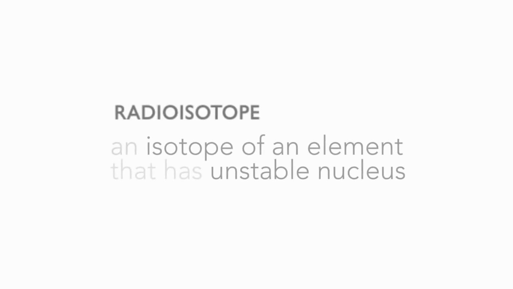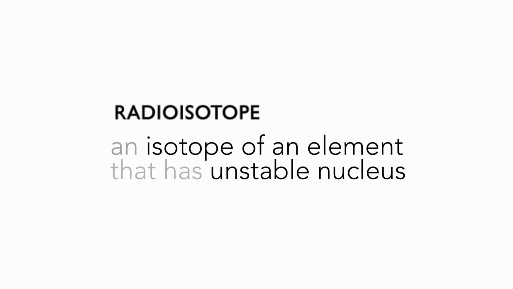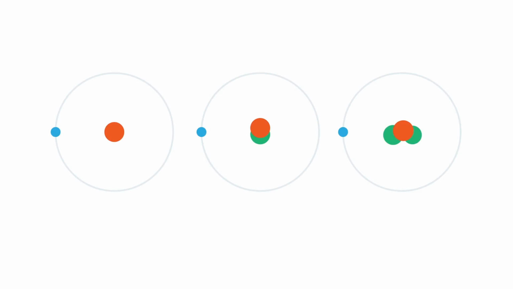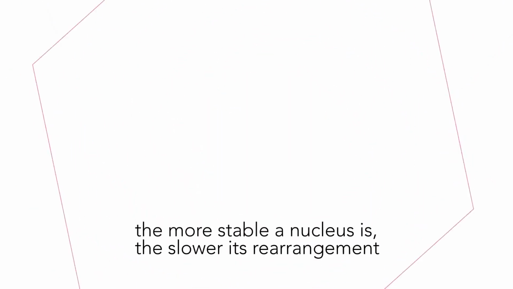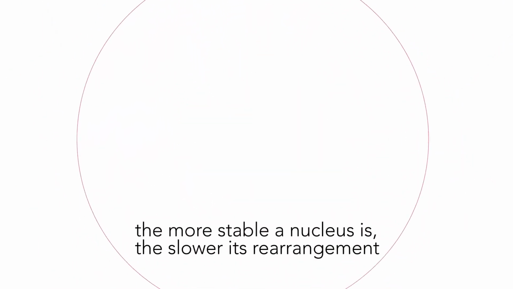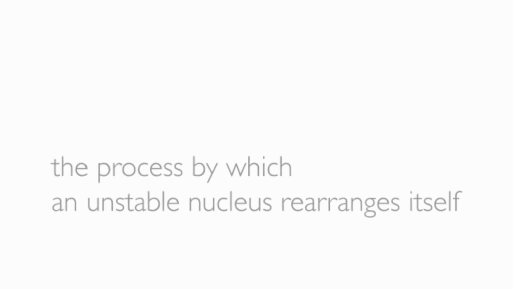Isotopes that have unstable nuclei like this are known as radioactive isotopes or radioisotopes. In our hydrogen examples, tritium is unstable and is hence a radioisotope of hydrogen. The more unstable a nucleus, the faster it will try to rearrange itself into a more stable state, and another name for this process is radioactive decay.